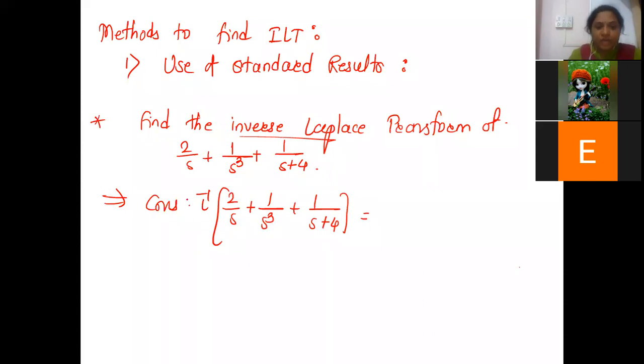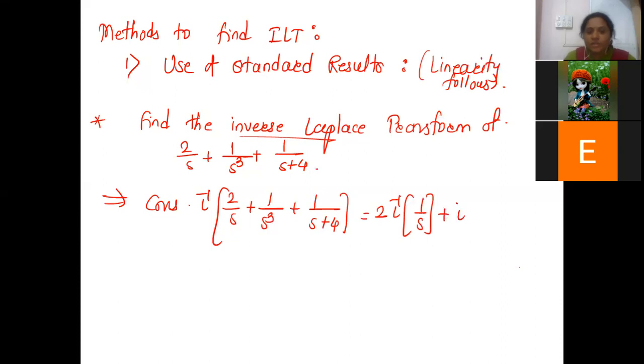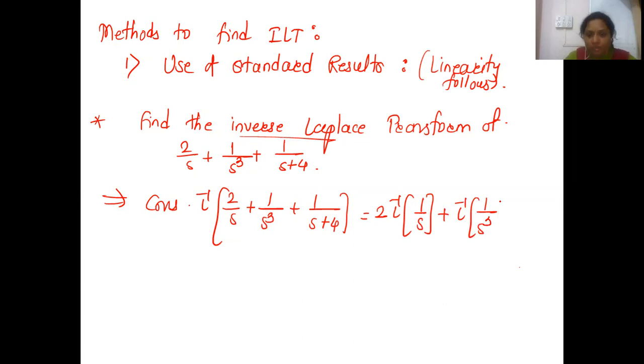So we separate them using linearity. 2 is a constant, so we can take it out: 2 times Laplace inverse of 1 upon s, plus Laplace inverse of 1 upon s cube, plus Laplace inverse of 1 upon s plus 4. Just separate.